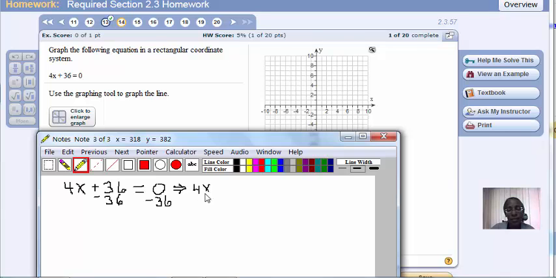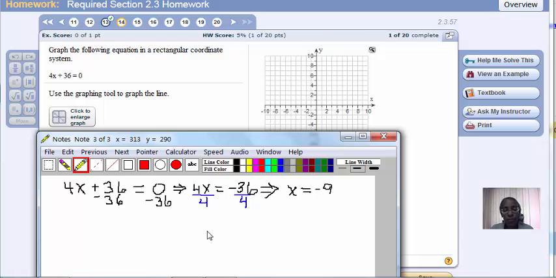So 4x is negative 36. Then I'm going to divide both sides of this by 4. And I see this is actually the equation x equals negative 9.